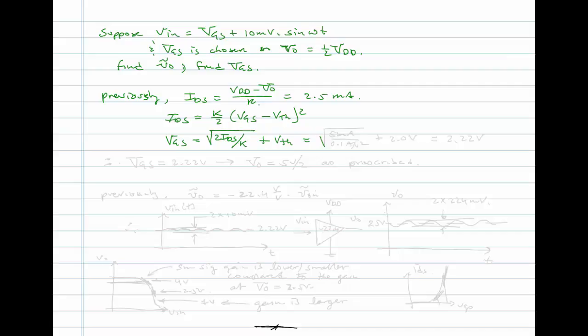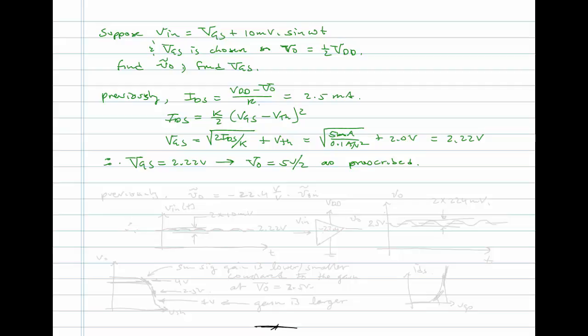So that'll be square root of 5 milliamps divided by 0.1 amps per volt squared plus, we said, 2 volts. So what does that equal? 2.22 volts. Okay, so therefore, big VGS equal to 2.22 volts leads to big VO being equal to 5 volts over 2 as prescribed.